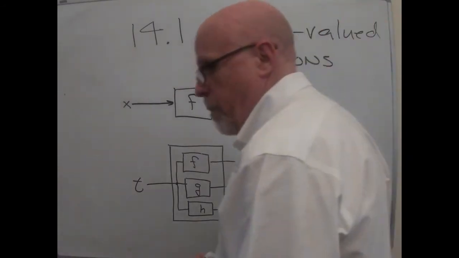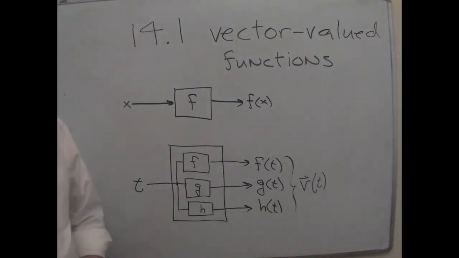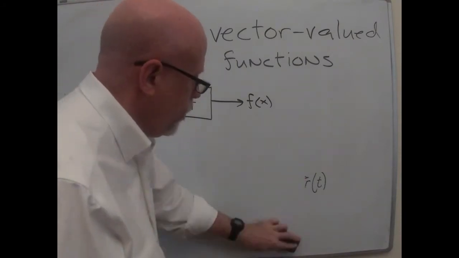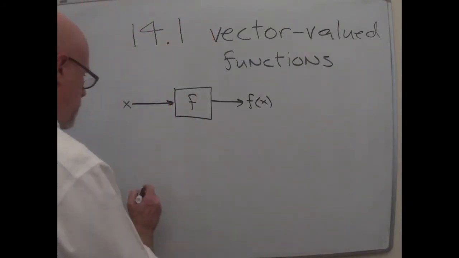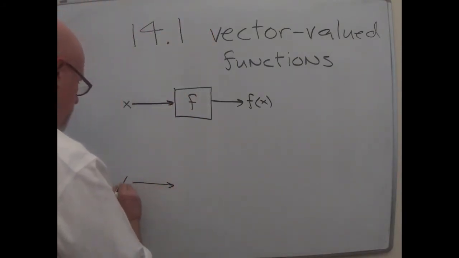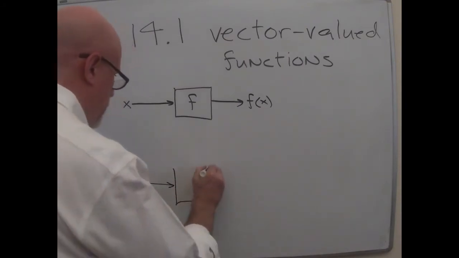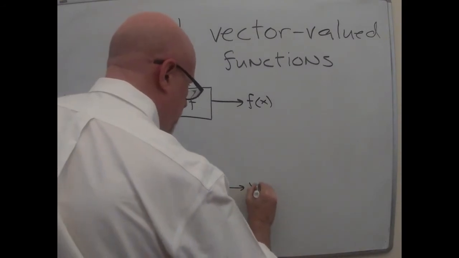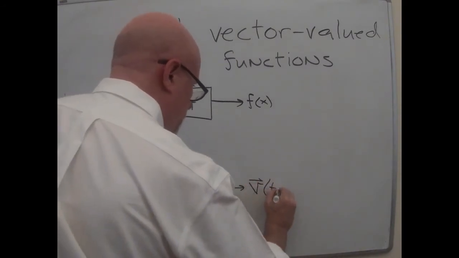If you do all that, you get something that looks like this. t goes in, there's the function, and the output is a vector, which is a function of t.